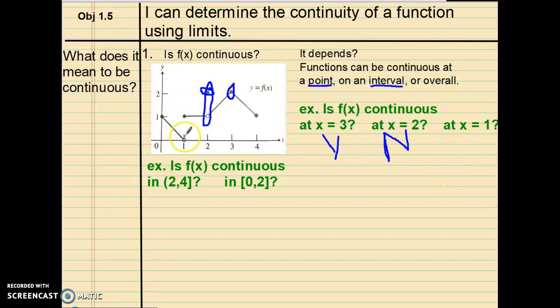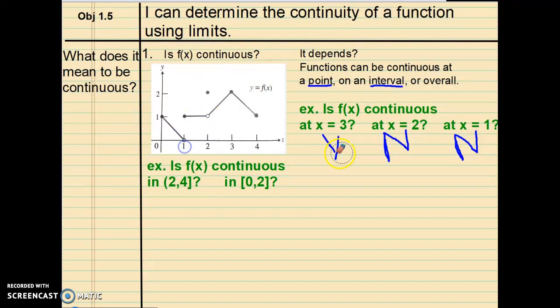At x equals 1, you have a huge disruption. In fact, you have a jump. That's definitely not continuous. Again, continuous would mean something that looks really well behaved and does not have disruptions. Now I'm going to erase this a little bit so that we can talk about intervals.